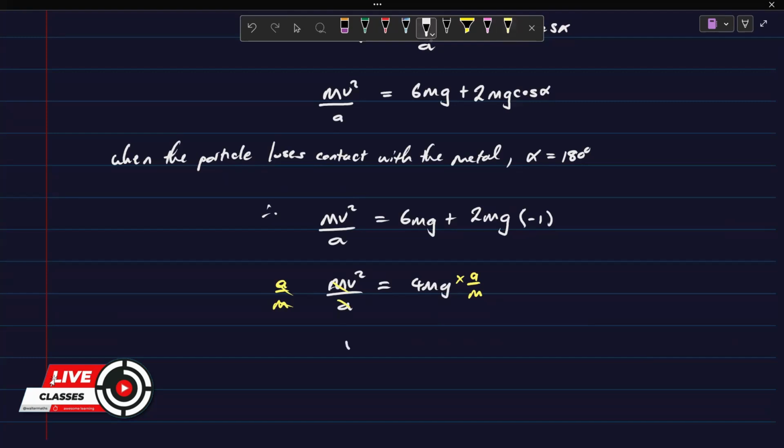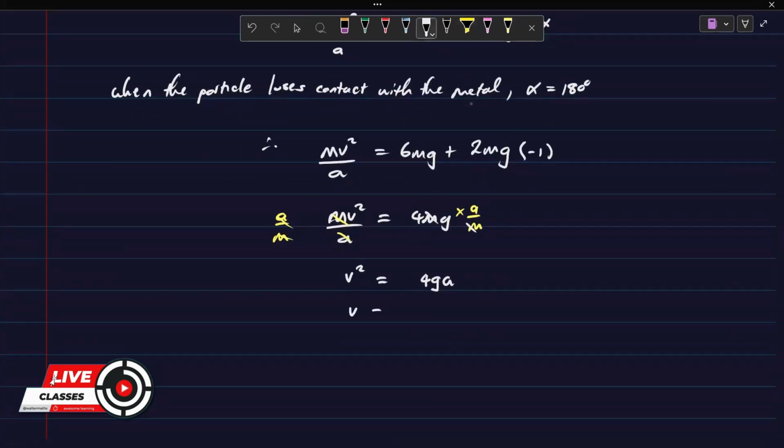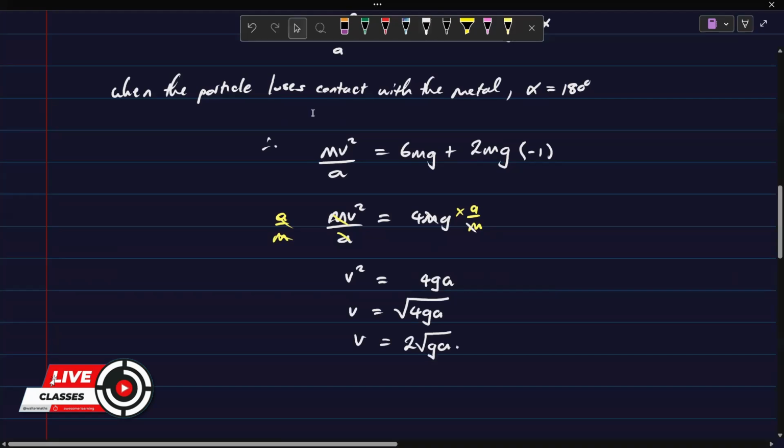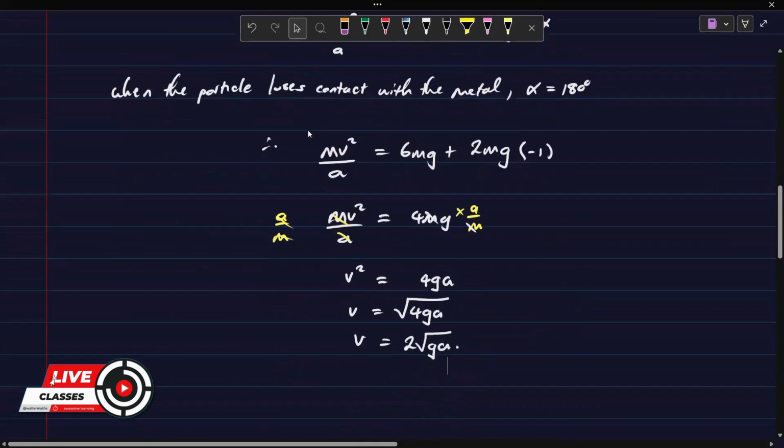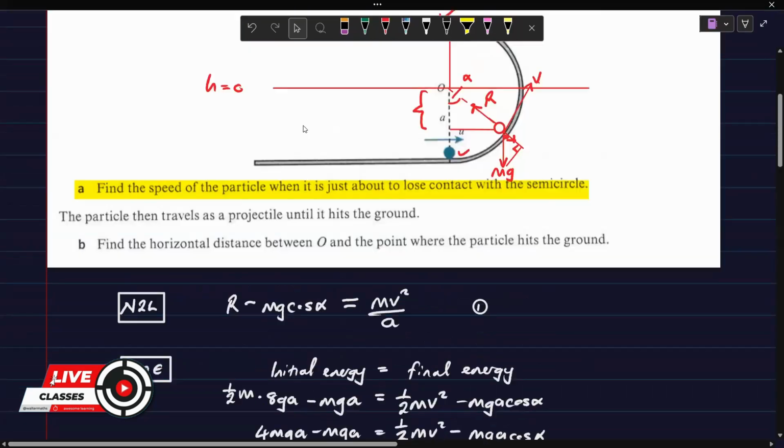So that'll be v squared is equal to 4ga. All right. So to get the value of v, we'll do the square root of 4ga. So v is actually 2 root of ga. So that's how we find the speed of the particle when it is just about to lose contact with the metal ring. All right, let's go on to the next part.